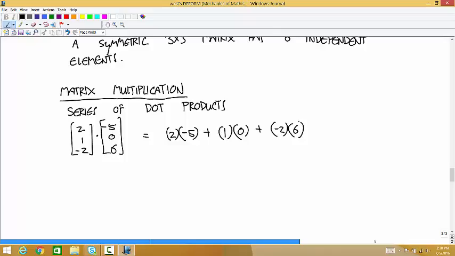And what do you get there? -10, -12, -22. The input of a dot product is 2 vectors, but the output is a scalar.